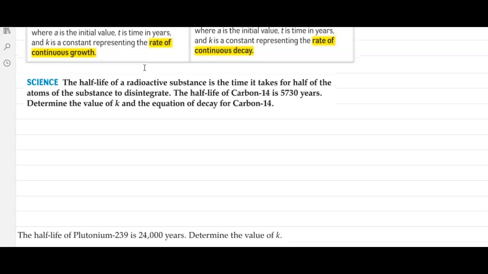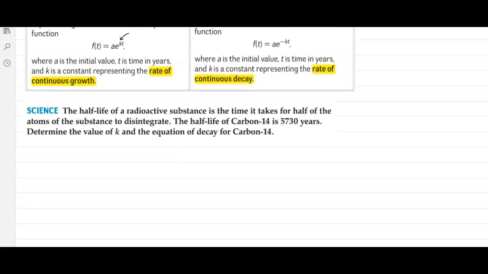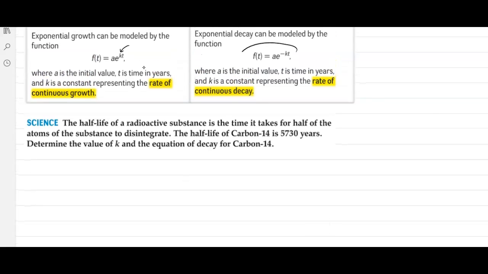Since we're talking about disintegration, we're talking about something decaying. So we want to grab the decay formula: f(t) = A e^(-kt). Notice A is the initial value. We don't know how much of the substance we're starting with, but we know that the half-life means there will be half of that in the end.